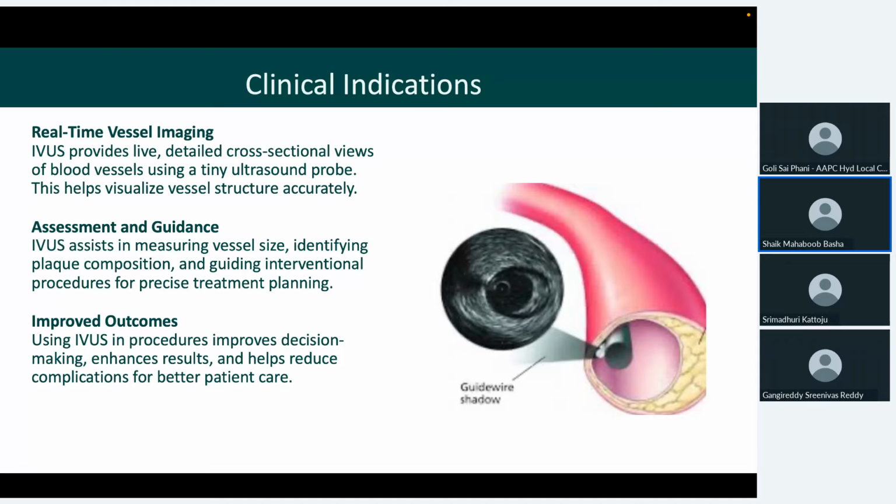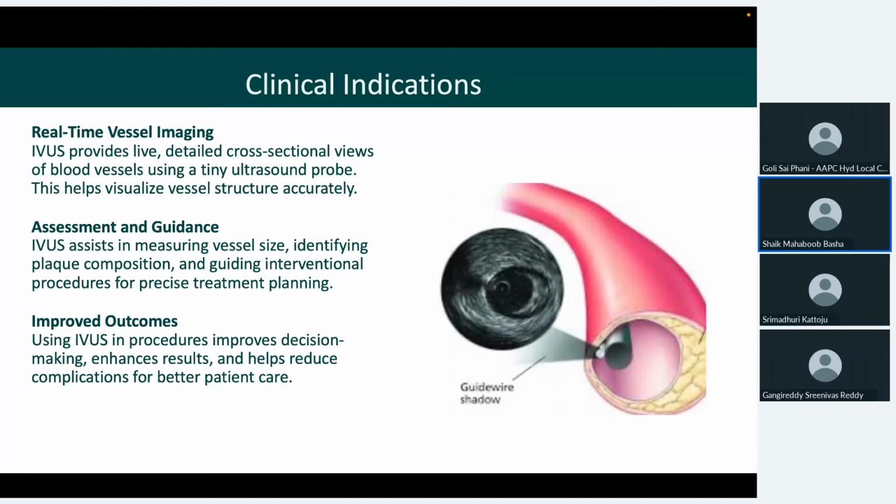Then assessment and guidance. IVUS assists in measuring the blood vessel size, identifying the plaque composition, how it has formed inside the blood vessel, and guiding the physician for interventional procedures, for precise treatment and planning. To find out the condition accurately and perform the procedure very precisely, this ultrasound will be used.